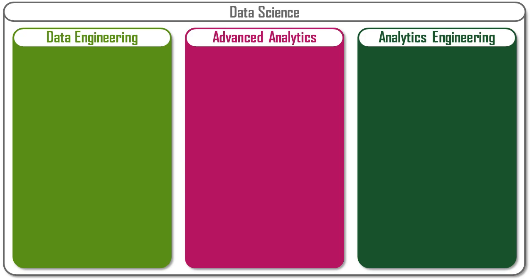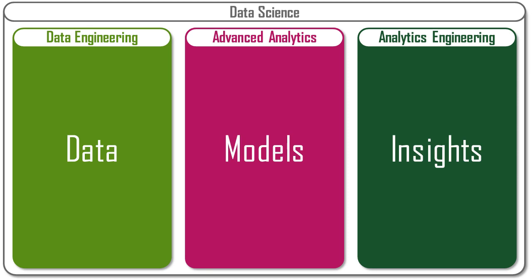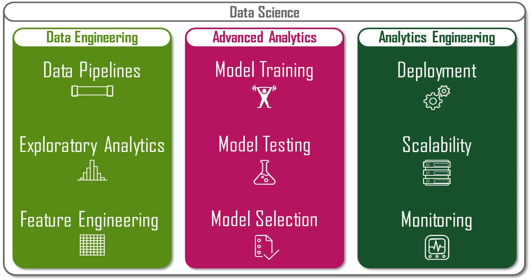The analytics process falls under the field of data science, which can be broadly divided into these three stages. For simplicity, you can think of this as data is fed into models to produce insights. These are the major tasks that are performed during each stage, and I'll spend some time on those that may be less obvious to IT folks.